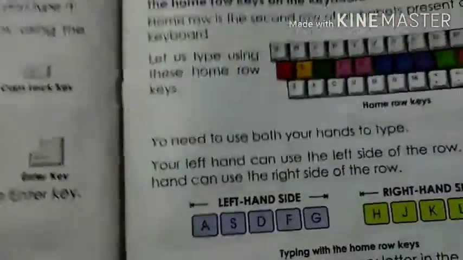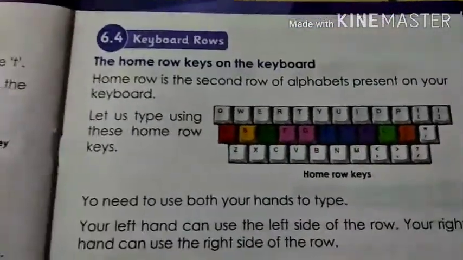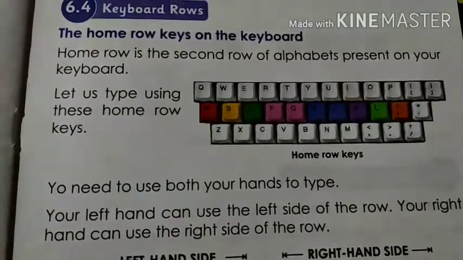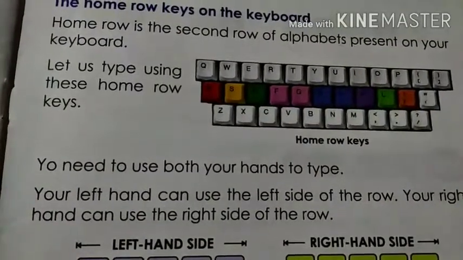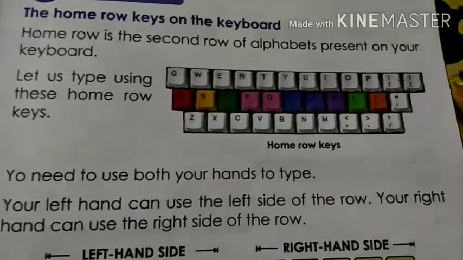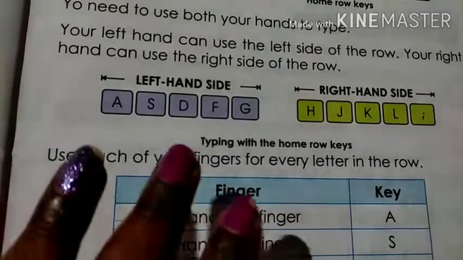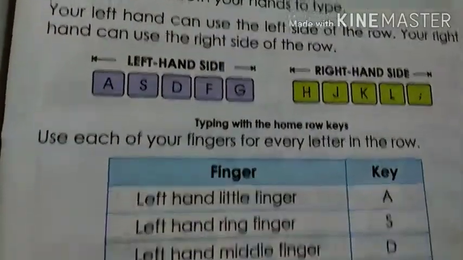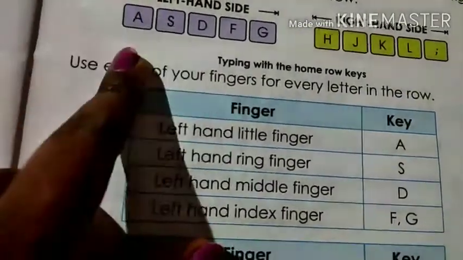Next we learned about home row keys. The middle row of the alphabet keys is called the home row keys. In this row, A, S, D, F, G, H, J, K, L and semicolon come. Again, we learned how to use the fingers of both hands with these keys, and which finger is specified to each letter.